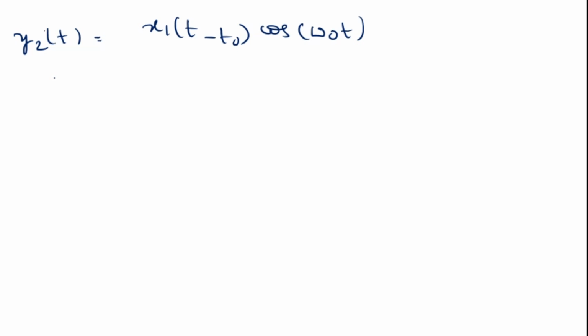Therefore, y2 of t is equal to x1 of t minus t naught into cos of omega naught t. That is, y2 of t is not equal to y1 of t.